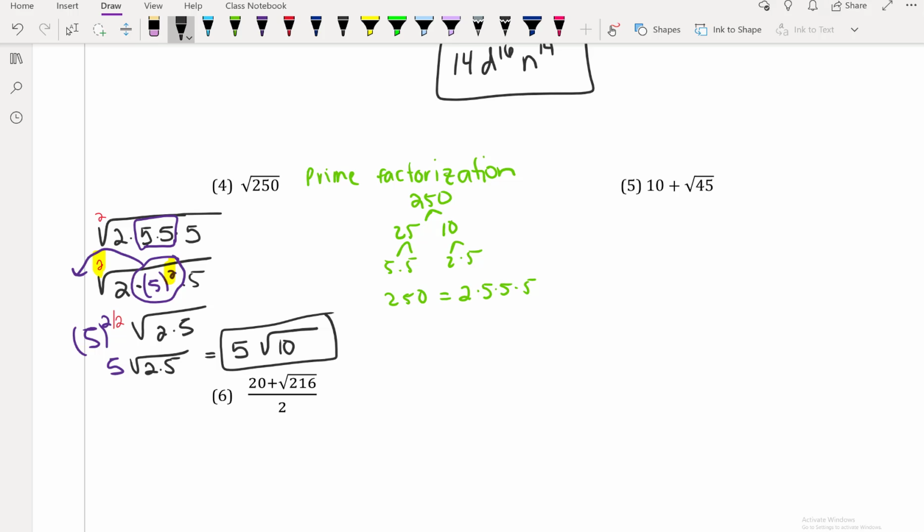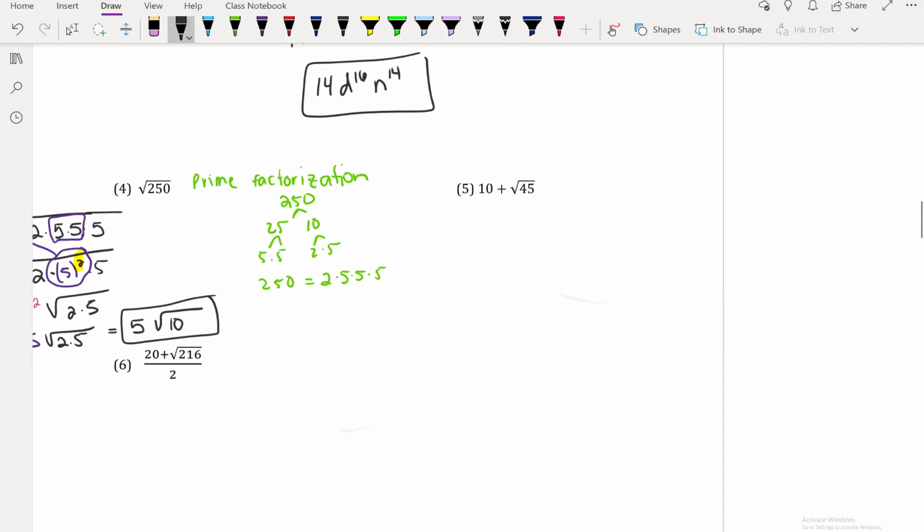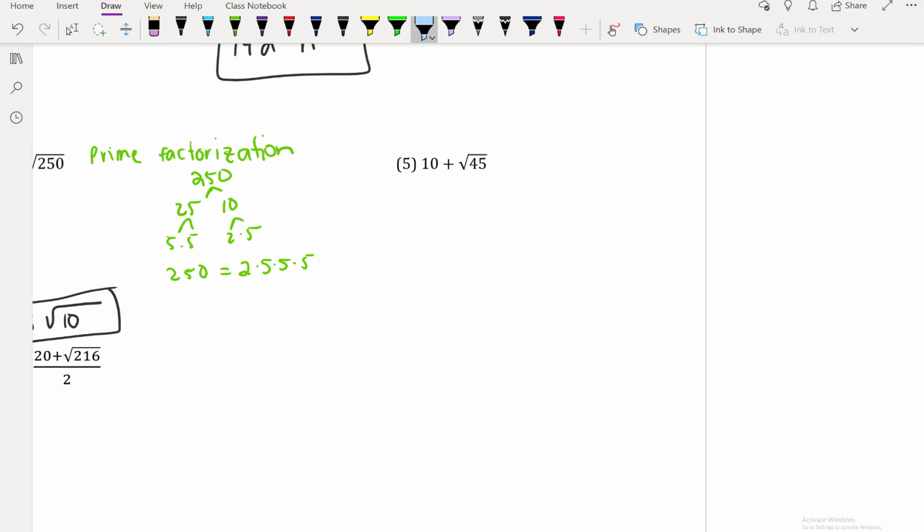So let's go ahead and think about this for number 5. For number 5, I'm looking at that prime factorization of 45. So if I have 45, that can break down as 5 times 9, which is 3 times 3.